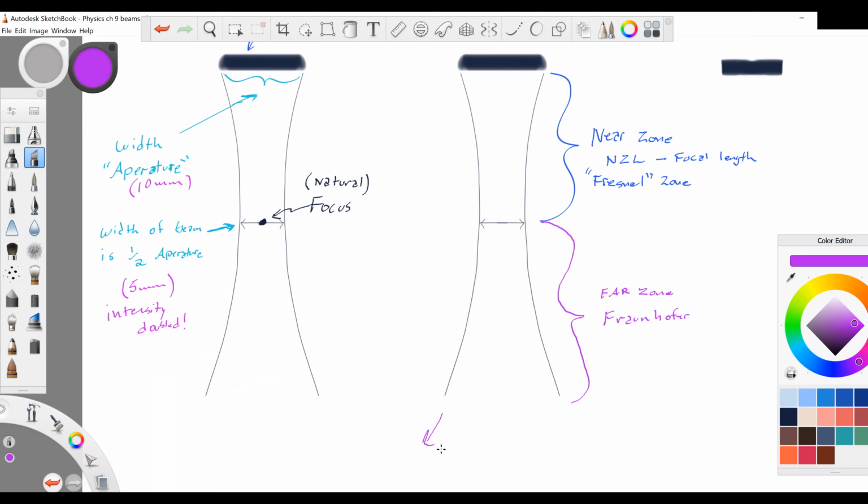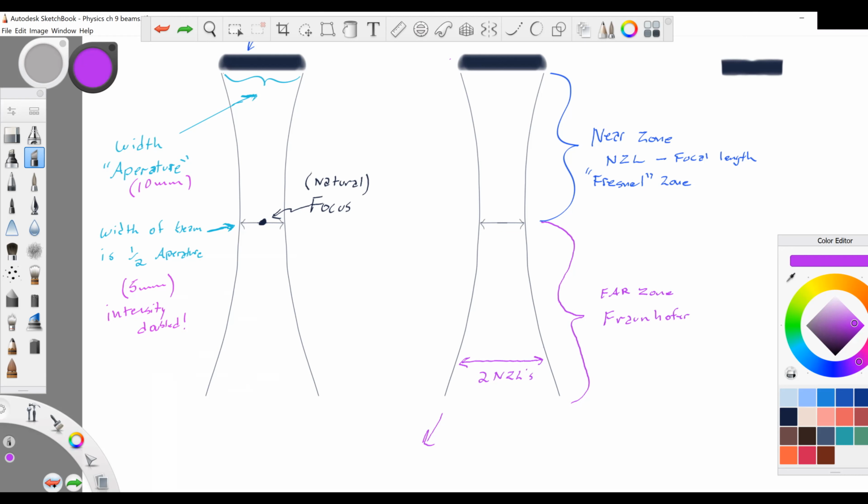Let's see, right about here, I would say. Two near zone lengths, 2 of these.